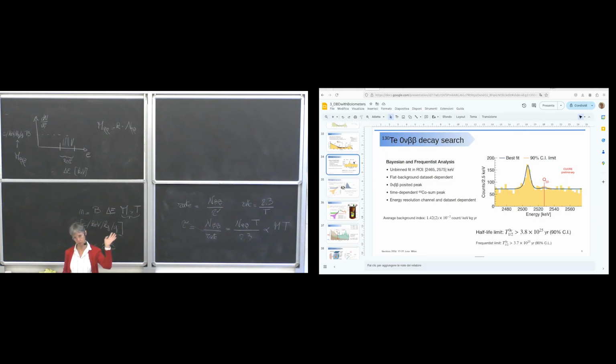Maybe your spectrum is the combination of a lot of detectors, and each detector has its own energy resolution and response. I can put all this information in my simulation and simulate the effect of all of this. And then I can fit the spectrum and evaluate sensitivity. I can run my toy Monte Carlo a lot of times in order to have an average estimate of the sensitivity.